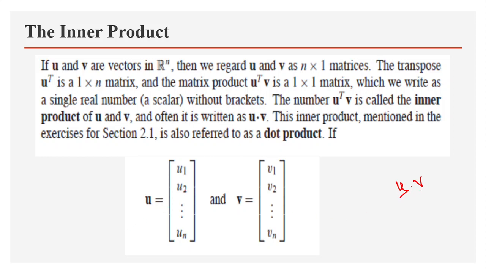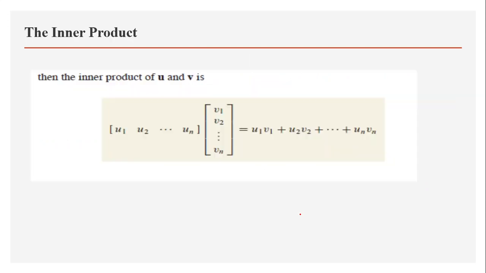Let us take up an example where u is equal to u1, u2, etc. un, which is an n by 1 matrix, and v is equal to v1, v2, etc. vn, again an n by 1 matrix. The inner product of u and v is defined as u transpose into v.